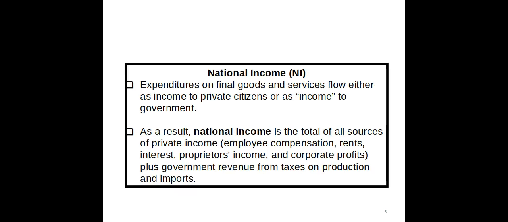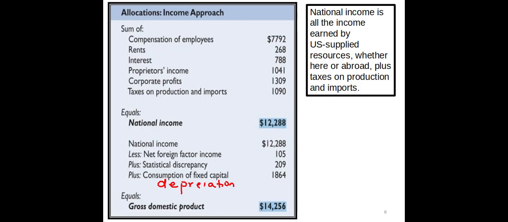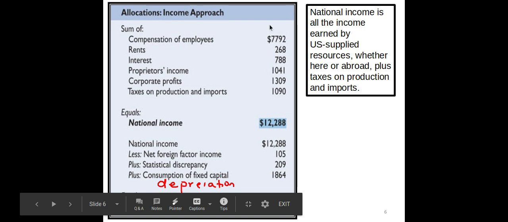So we start with national income. Expenditures on final goods and services flow as income to private citizens or to the government. And that is going to be our wages, rent, interest, profit, plus government revenue from taxes. So here you can see we're going to start with this top part of our equation.